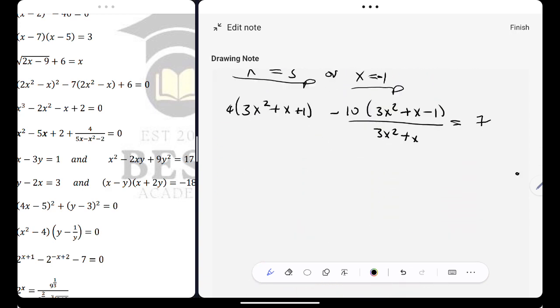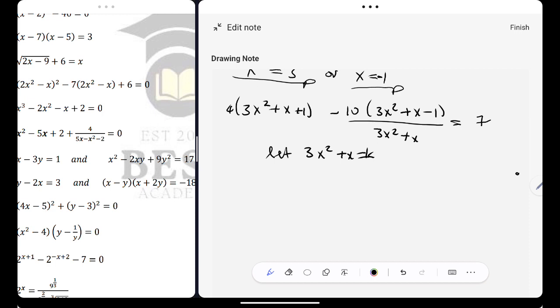Okay, I must multiply everything by the LCD here, but even in this case, when I do so, this guy will multiply this one, then I'll have 9x to the power 4, which I cannot deal with. So what I'll do, I'll just say let 3x squared plus x be equal to k.